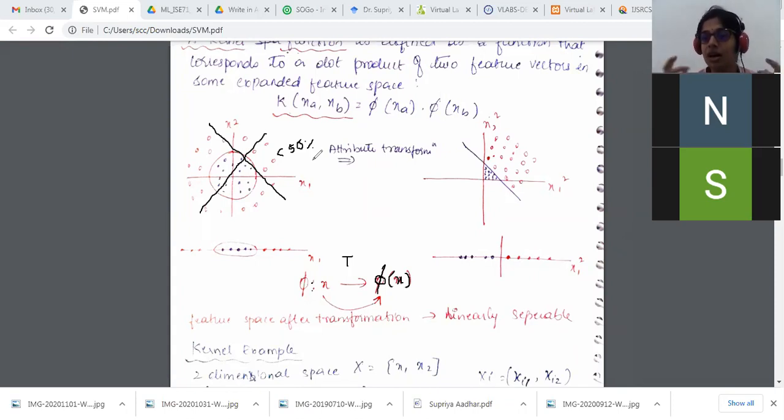So the SVM kernel trick is nothing but a dot product. You're multiplying with a constant. It's a dot product of the features that are similar.